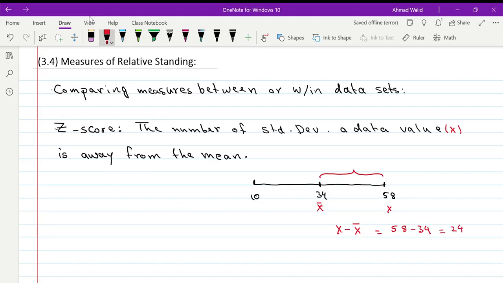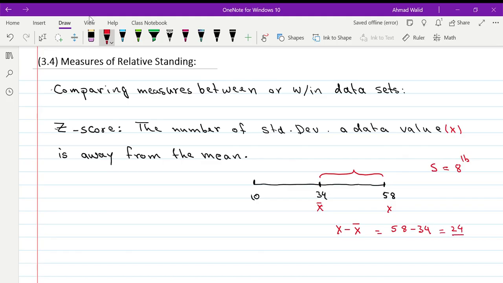Now, this distance is 24, and the standard deviation S for this problem was given as 8 pounds. In that example we did it a different way. We added 8 on top of 34 a few times to see how many times 8 goes between 34 and 58. But how many times 8 goes in 24 is a division problem.